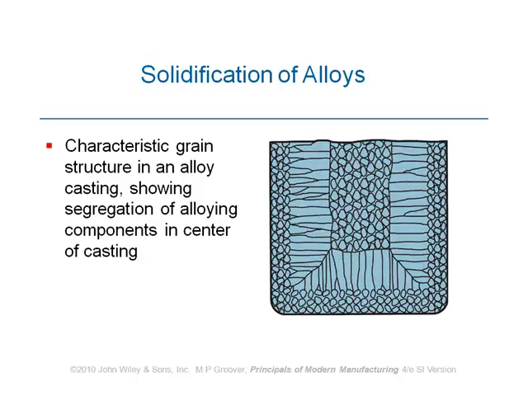Meaning that those at the surface will be richer in one component, those grains inside the material will be richer in the other one. Got that? The one which has got a higher melting point sits on the surface because the temperature is going down from the top.